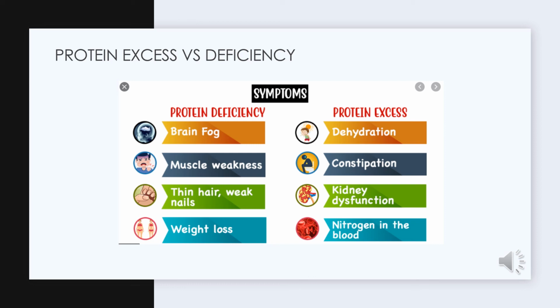Protein excess, you can have some dehydration, definitely have some constipation. If you know anyone that has done a high protein diet, they typically are constipated. You may have some kidney dysfunction because remember, our kidneys are what helps to filter out and excrete the excess protein. So that's something that we have to think about too.